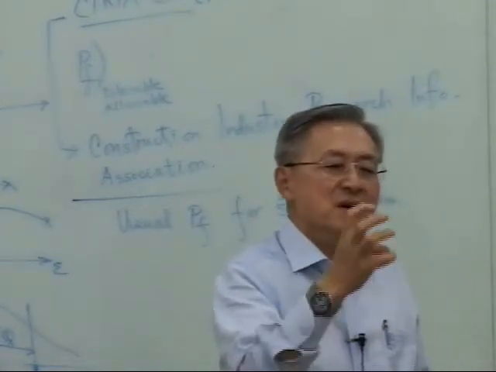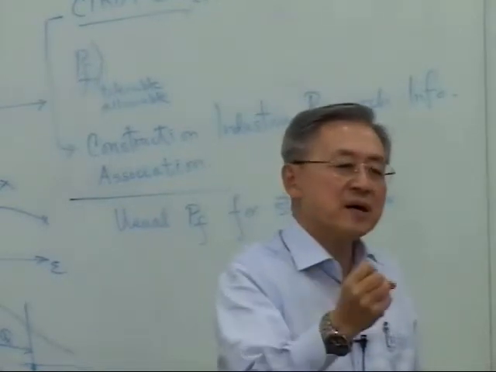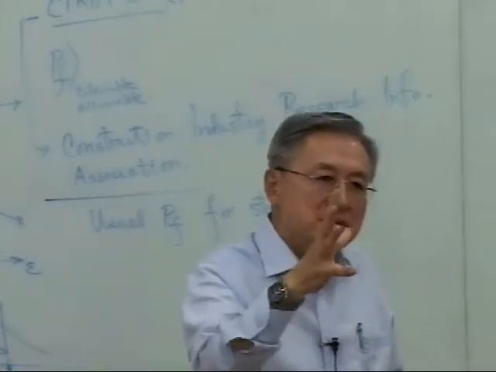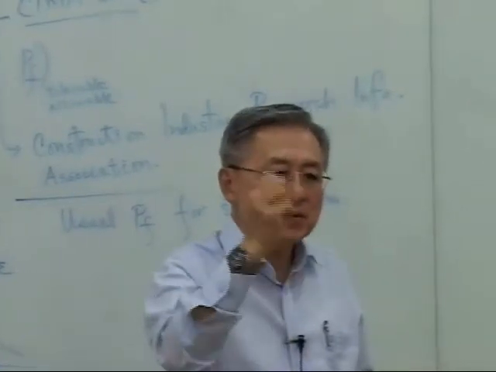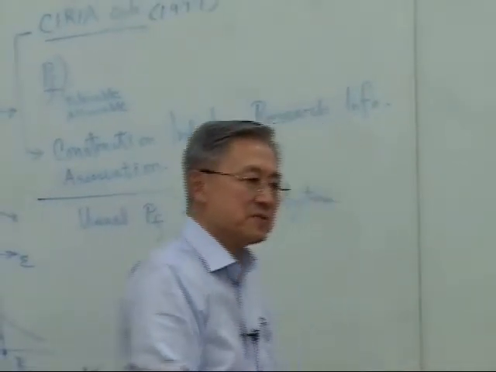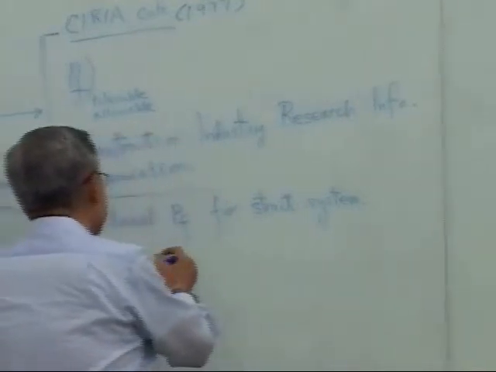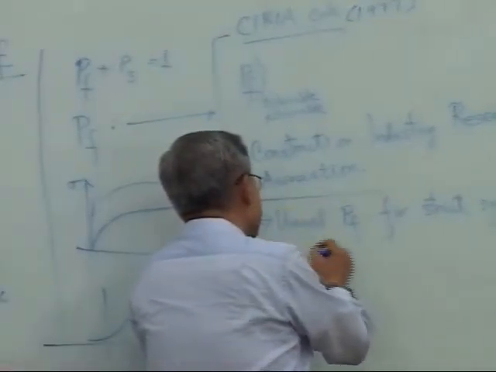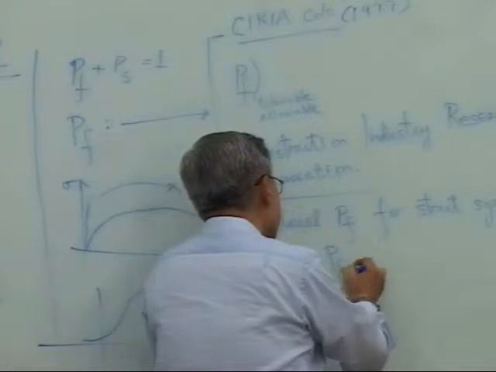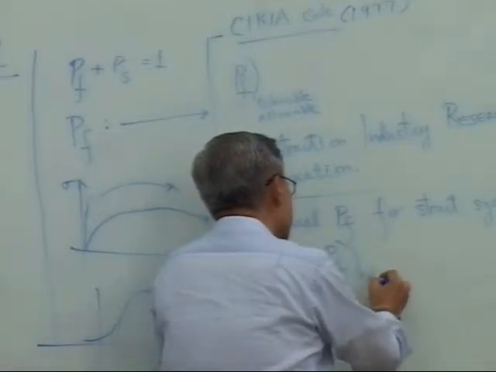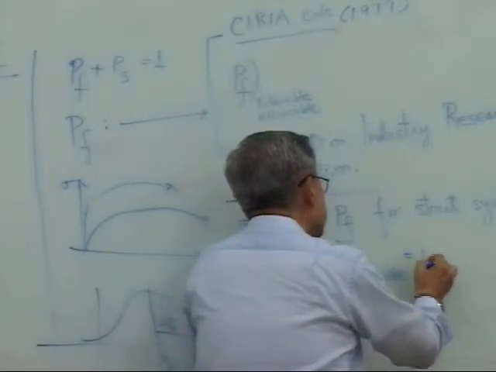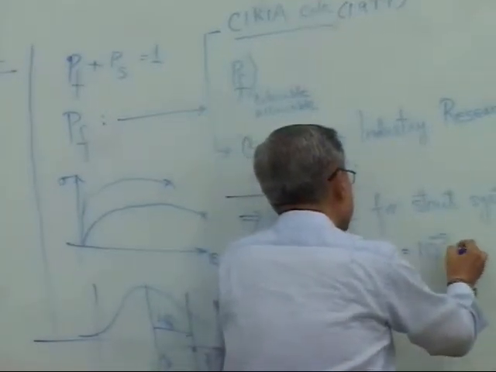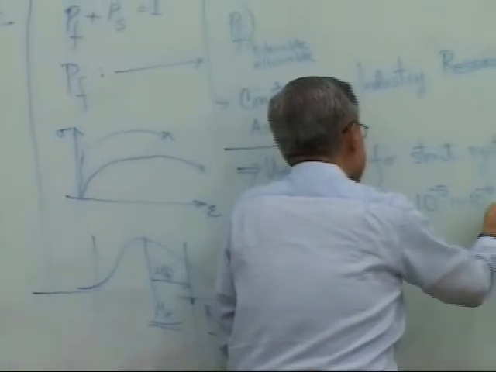There is no heavy written backup, but that's the usual value we work with. Without any guideline, tolerable or allowable PF is usually 10 to the minus 5th to 10 to the minus 6th.